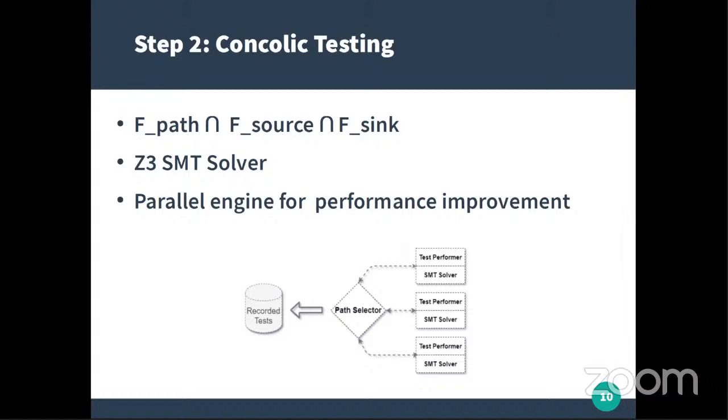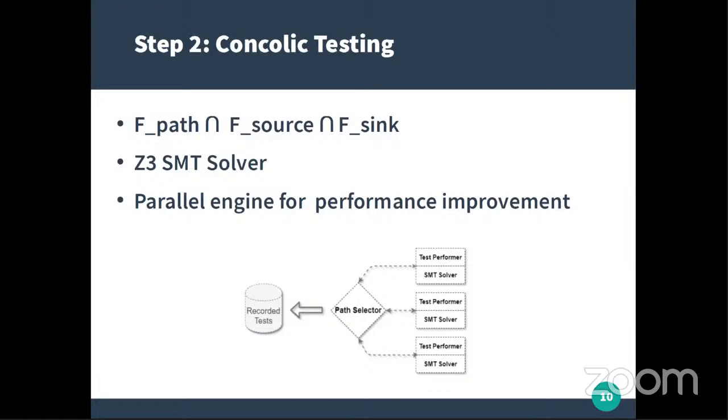In this stage, we model the path as a logical formula. The final formula is f path union f source union f sync. Then we send this formula to the Z3 SMT solver to execute the selected path symbolically and collect a set of path constraints.